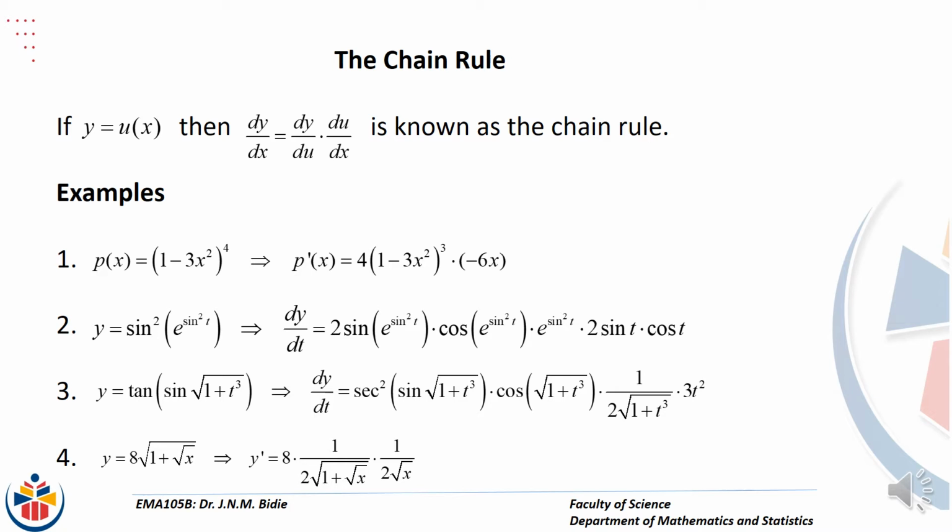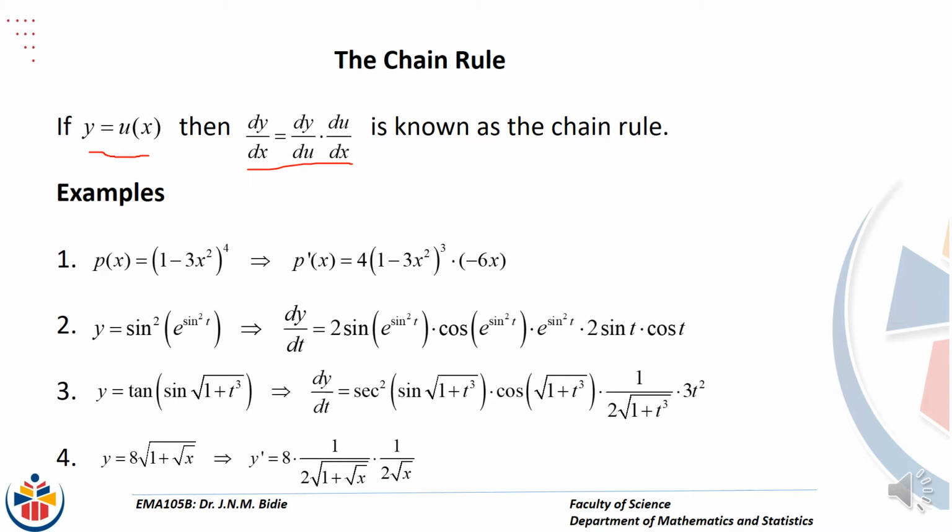So now, just for definition purposes, we'll just use a composite of two functions. So we have here y equal to a function of u, and u is a function of x. How to differentiate that? We start with the outer function.